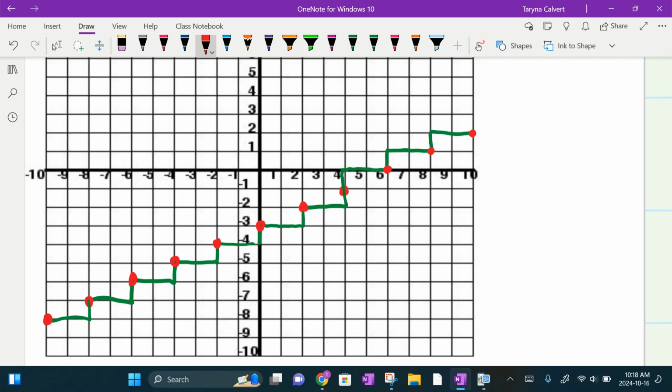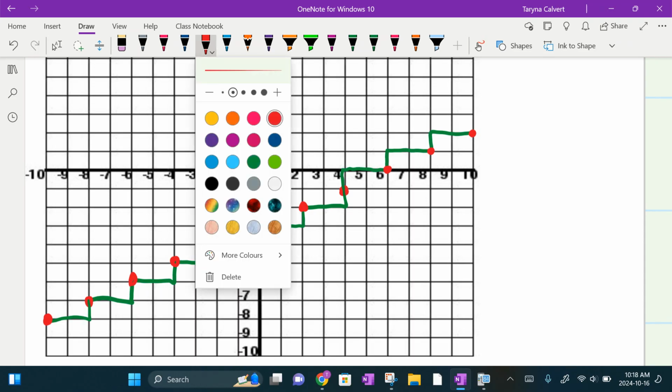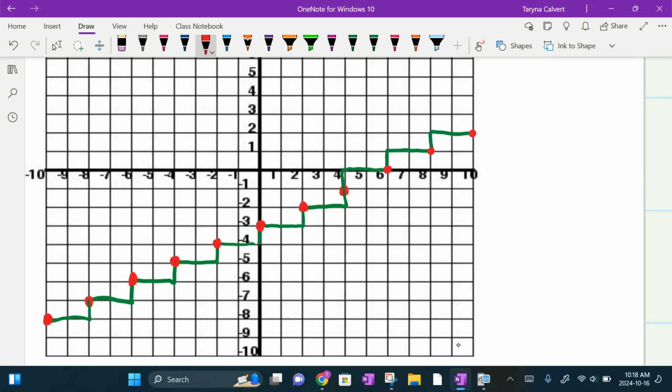So therefore, can we take our pencil and away we go? Go ahead and draw your line through. I am not super picky, guys. You don't need to use a straight edge, but please do the best you can. Okay, that's pretty good.